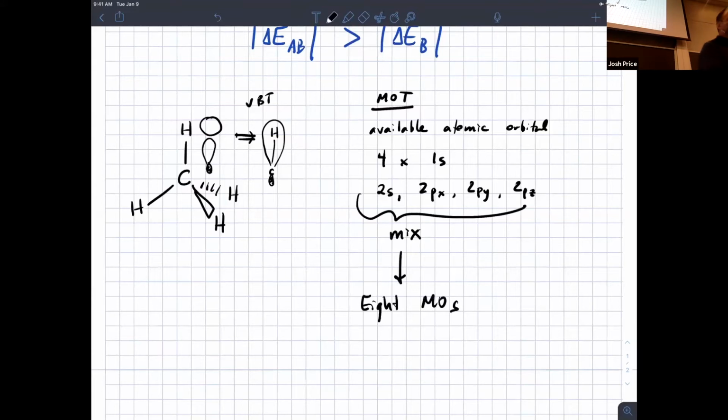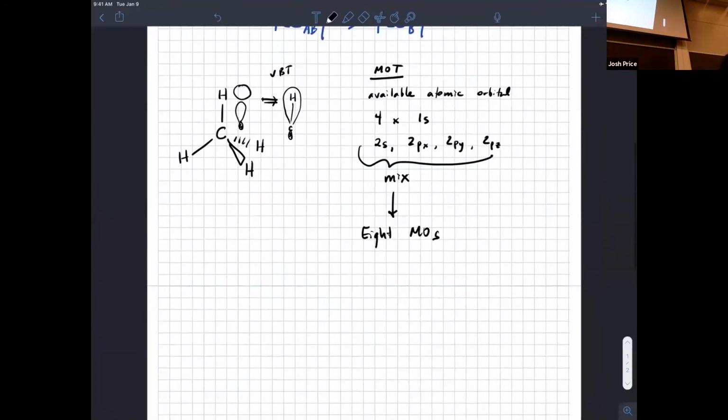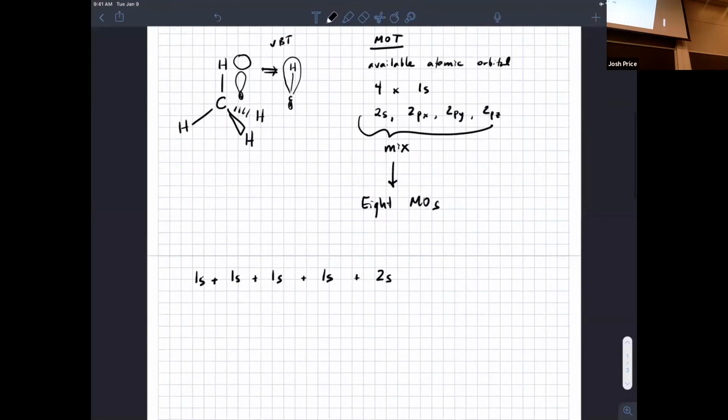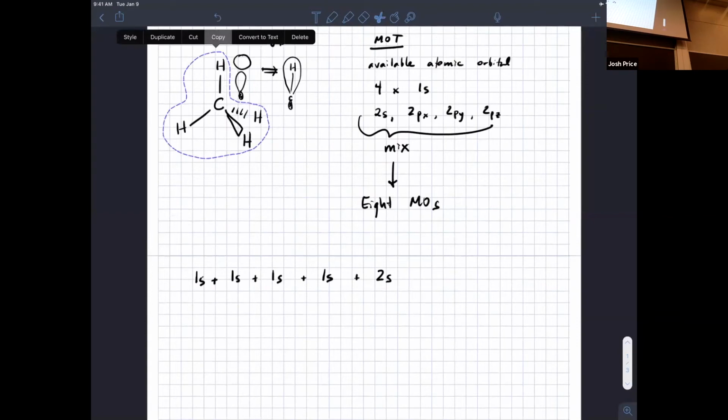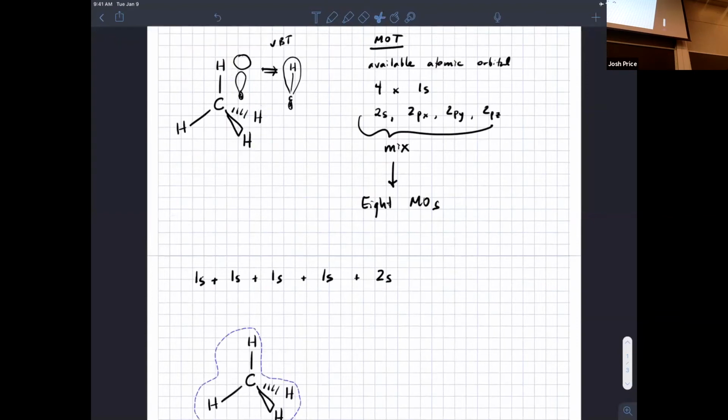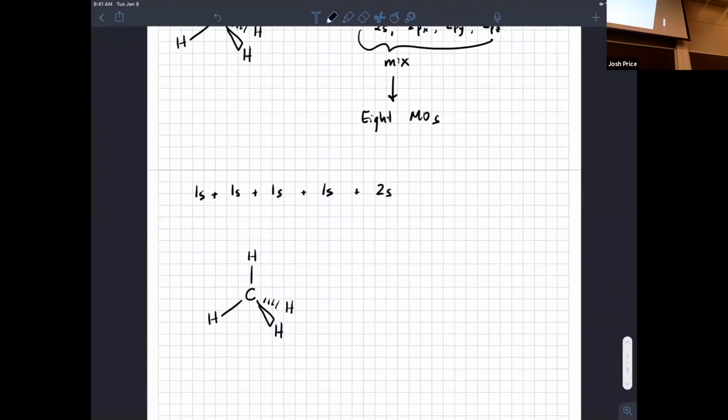We build the first one by adding together the 4 1s atomic orbitals on each hydrogen with the 2s orbital on carbon. What's that going to look like? Well, I'll show you the idea.